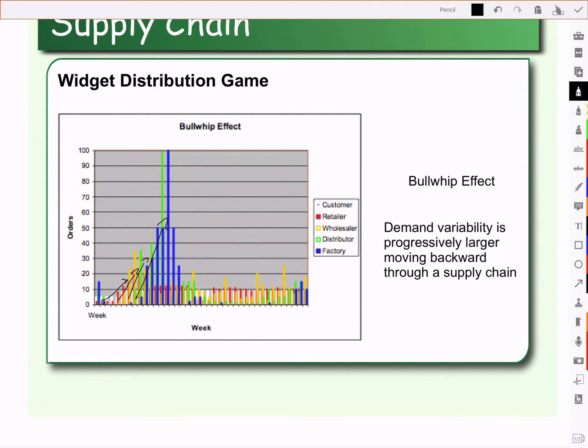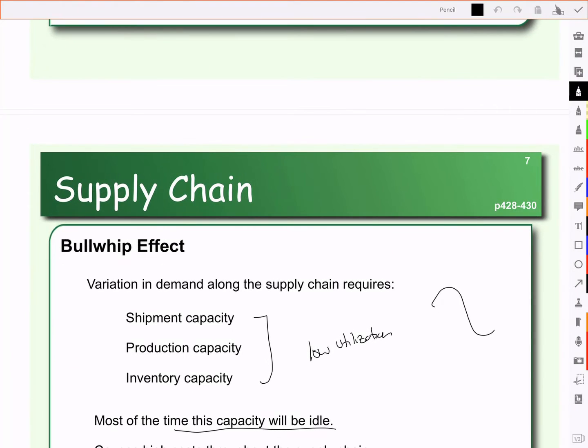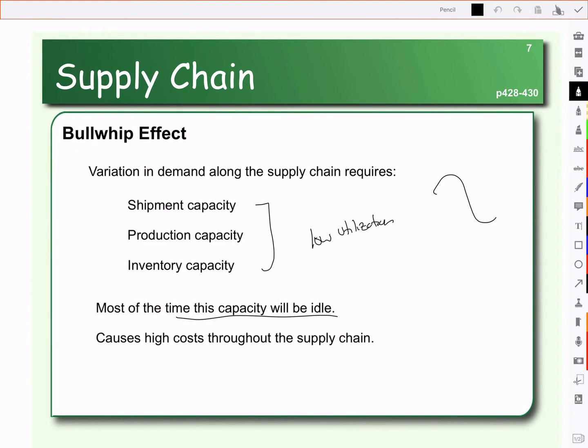Everyone's getting more inventory just in case, and then they have too much inventory, so they drop how much they order by quite a bit, and then they don't have enough, and then they have back orders. And so the high orders lead to a response which is, well, let's make sure we have greater capacity for those high orders, but then most of the time, you don't have those high orders. You're sitting idle, low utilization, and so on.